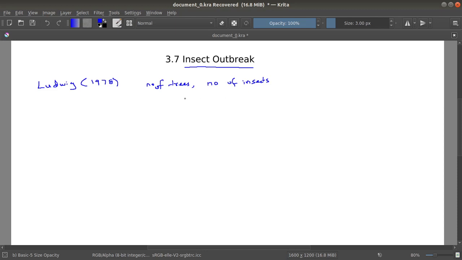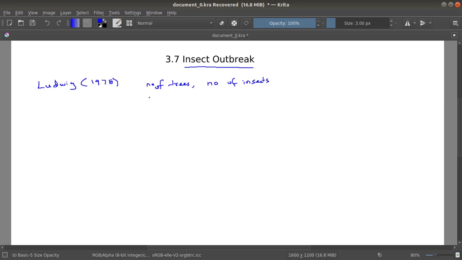But if we have two dynamical variables, then we are dealing with 2D systems, right? But so far we have learned only 1D systems, and we are going to reduce this 2D into 1D for the following reason. The change in number of trees is going to take very long time, so it's a slow time scale.